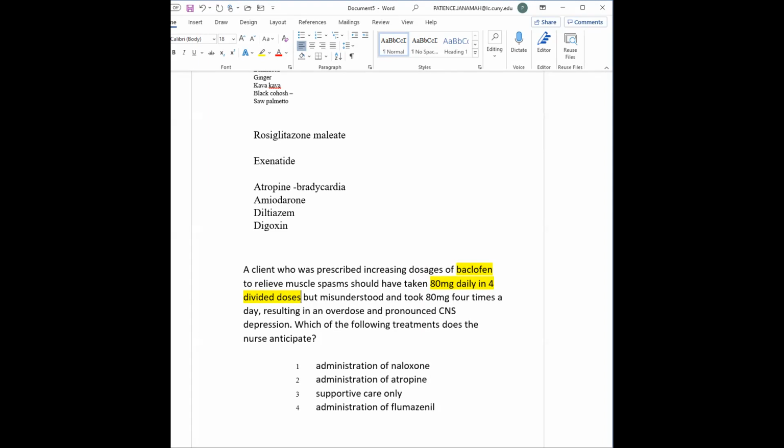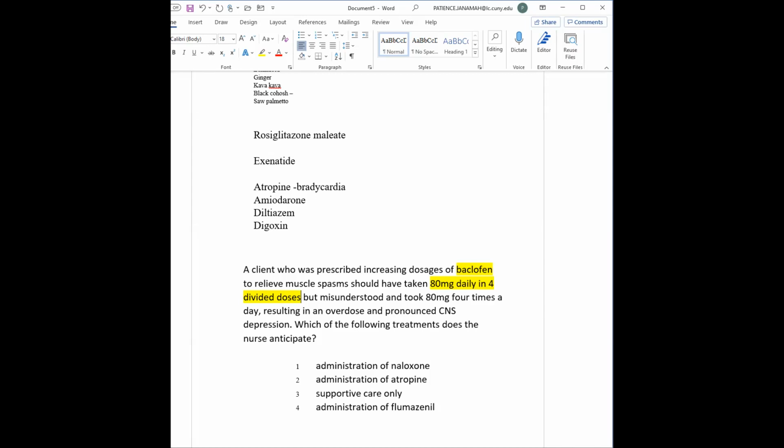So you divide the 80 by 4. Yes. So that means the client is supposed to get 80 milligrams for the whole day, and the 80 milligrams should be given 4 times a day, maybe every 6 hours. So the 4 times a day will be 20 milligrams, 20 milligrams, 20 milligrams, 20 milligrams.